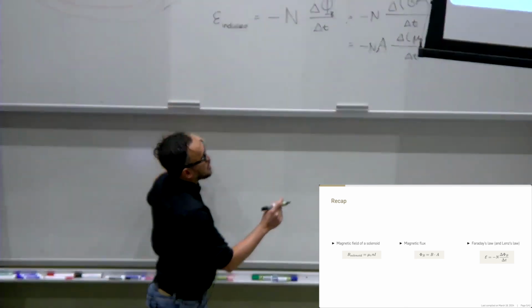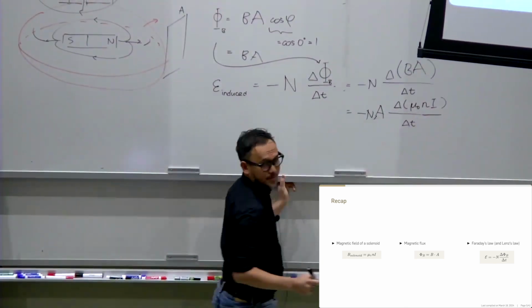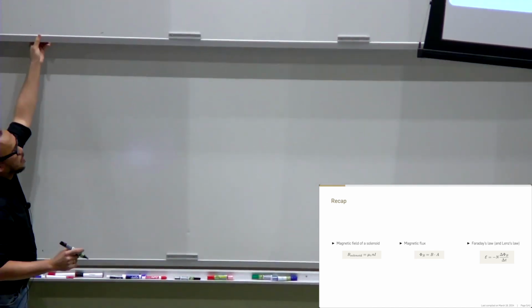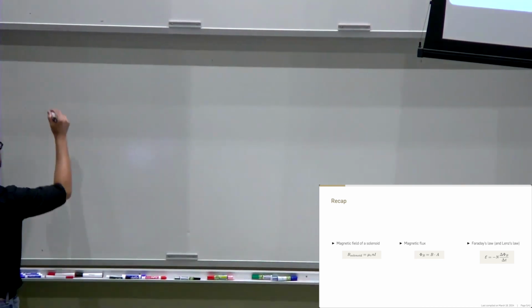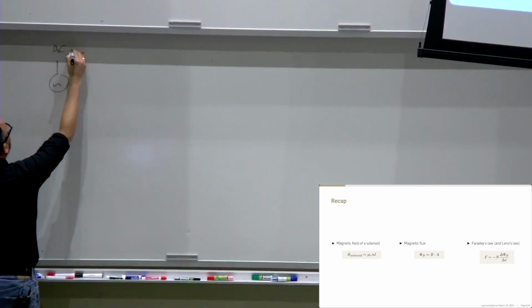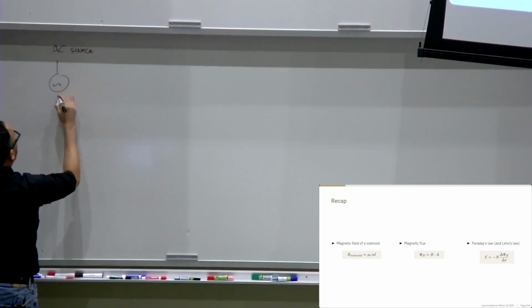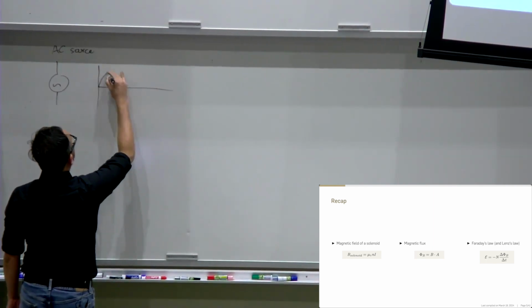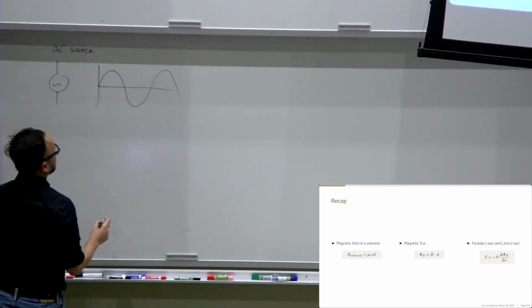So how to change the currents? Well, I mean, we're lucky. In our era, we have AC. So this is an AC source or power supply. The current for AC, basically, oscillates.